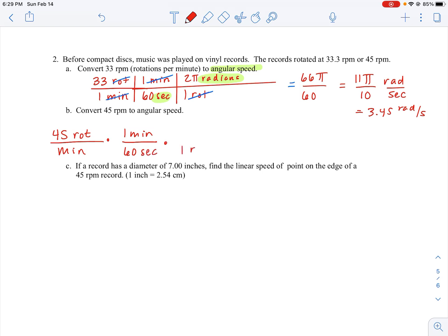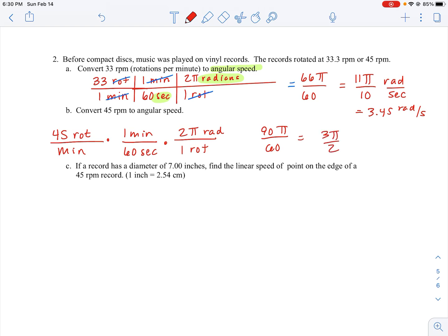And 1 rotation is equal to 2 pi radians. So again, I'm going to multiply everything on the top and divide by everything that's on the bottom. So this would be 90 pi over 60, which reduces to 3 pi over 2.